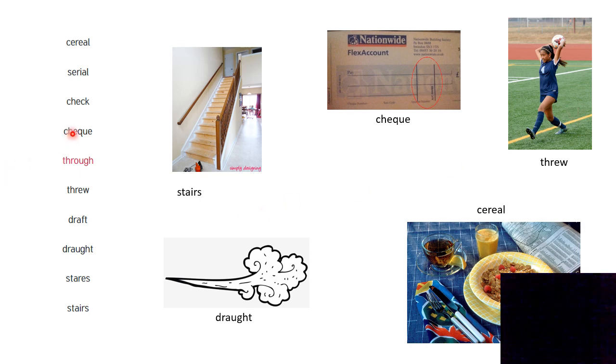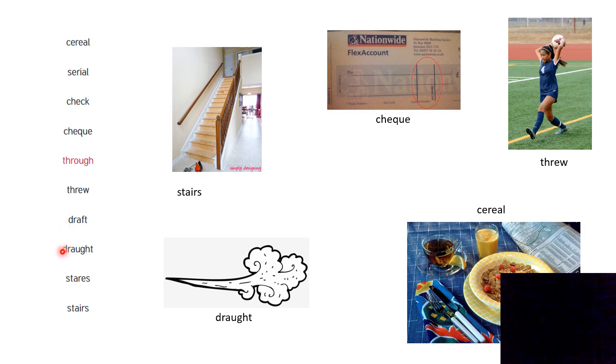One's underneath, a draft and a draught. The first one is if you are writing something but you haven't done it in your best handwriting, or it's not the final copy, you are writing a draft. Sometimes I use this in an email. If I haven't quite finished an email, it'll go into a draft folder. Okay?